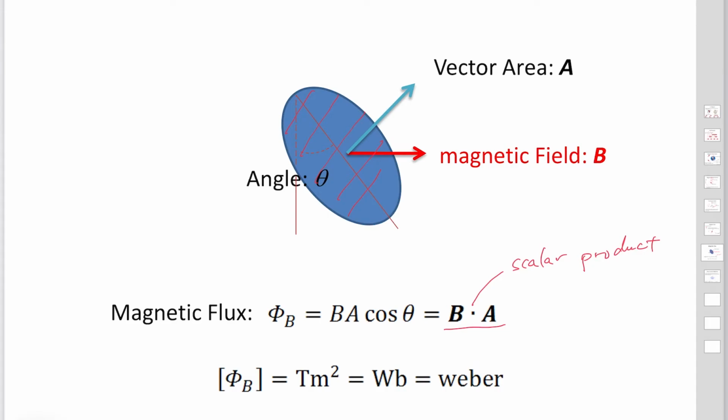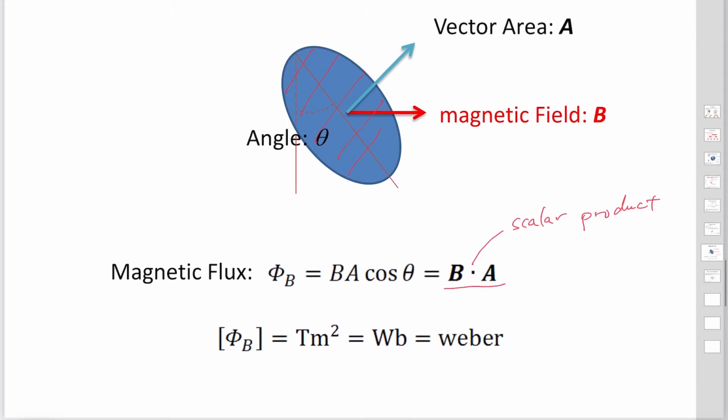So B dot A is BA cosine theta. Theta is the angle. The unit of the magnetic flux is the unit of the magnetic field times the area. The unit of the area is square meters. We introduce a new unit. Weber is the unit of the magnetic flux.